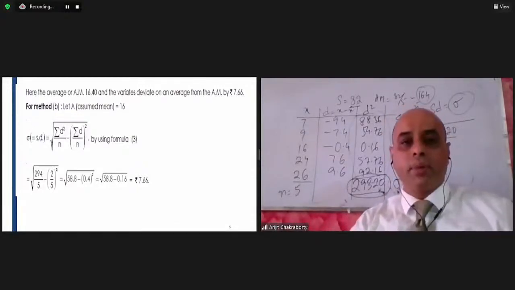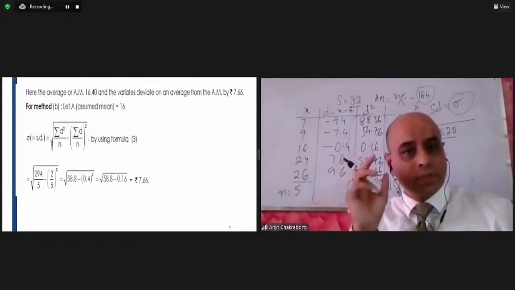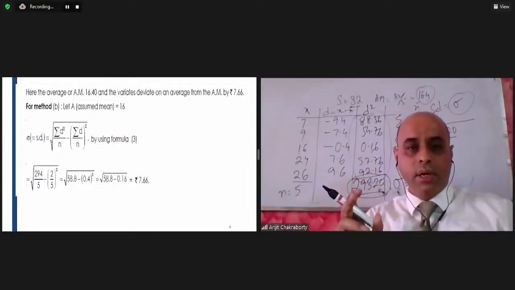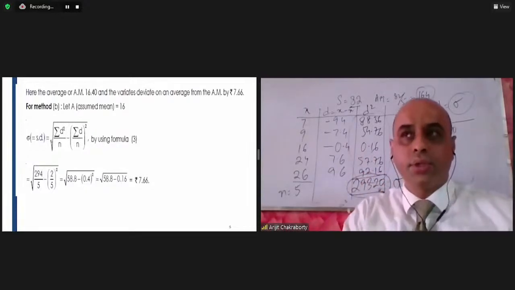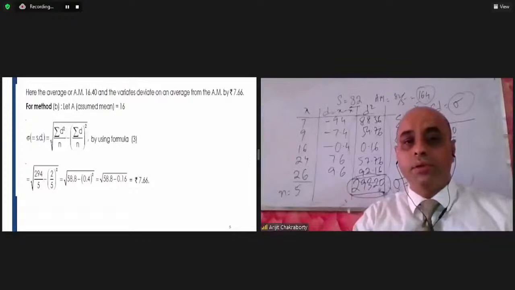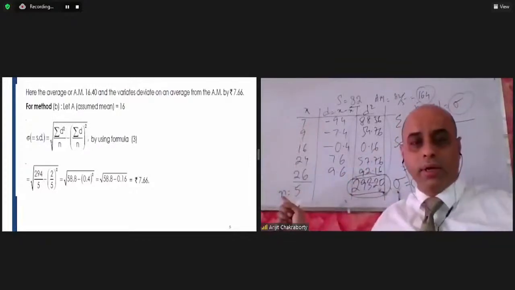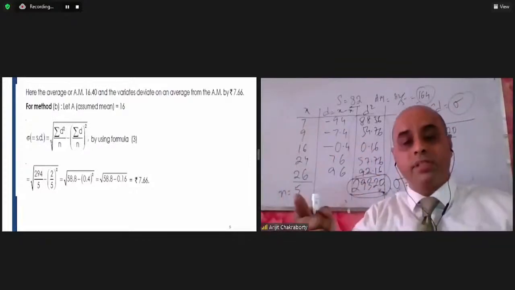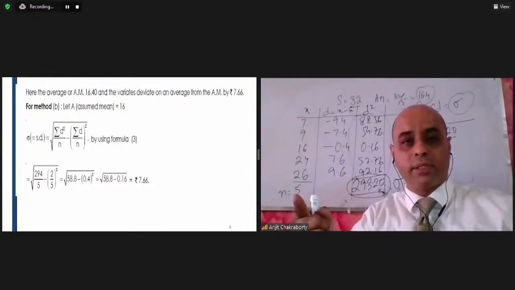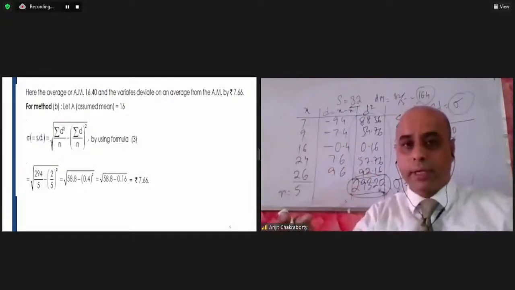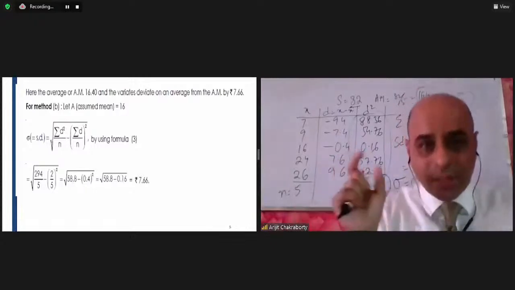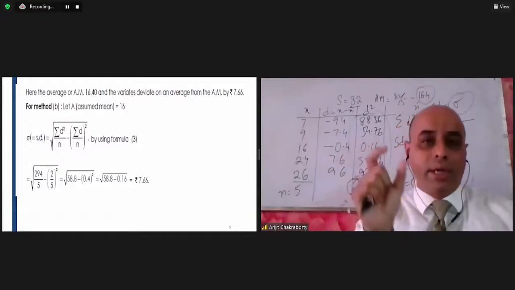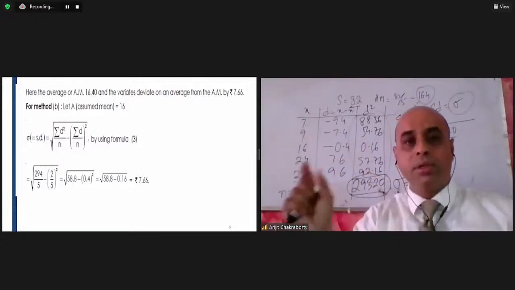So it will be like that. Also, looking at the past year's exams, there are some specific types of questions, which we will do, on standard deviation and quartile deviation, which are not based on this type of formula. It is based on the y equal to a plus bx type of formula, which we had done the other day. That means the mean deviation of x is known, and the relation between x and y is given.